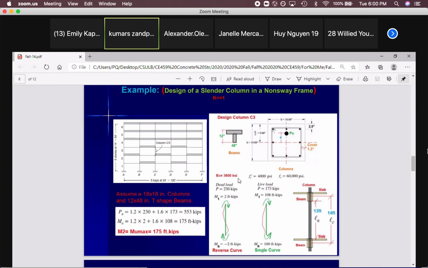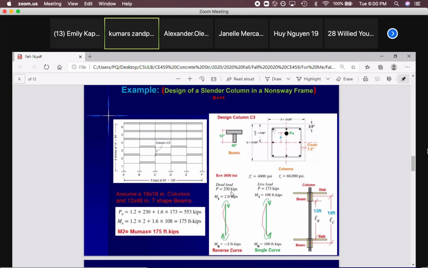Okay, and the loadings are PU. They gave us this load after analysis of the frame. These are the loadings that we got for load case number 1 or whatever for this column, column C3. We have to design all the columns. This is just one of them, for load case 1, for example.